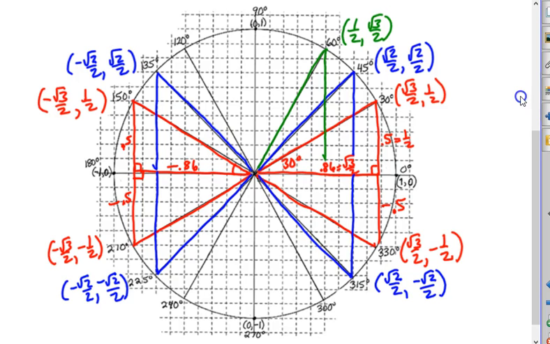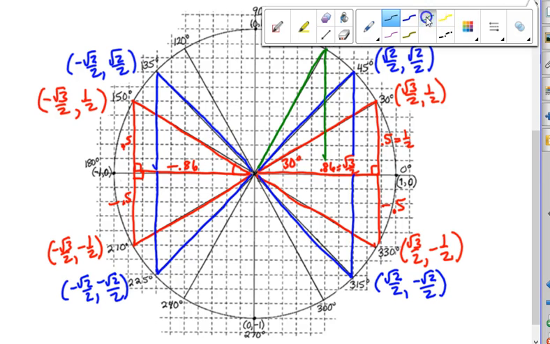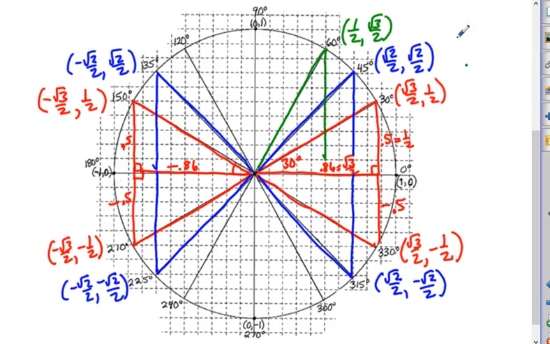I'm having some issues with this. So we have negative 1/2, positive square root of 3 over 2.